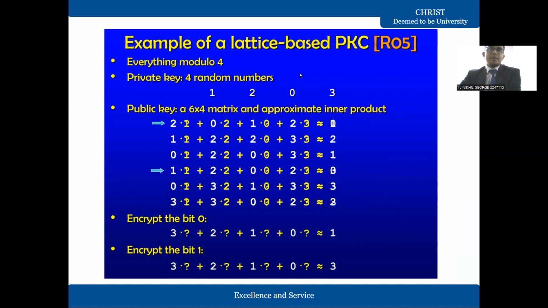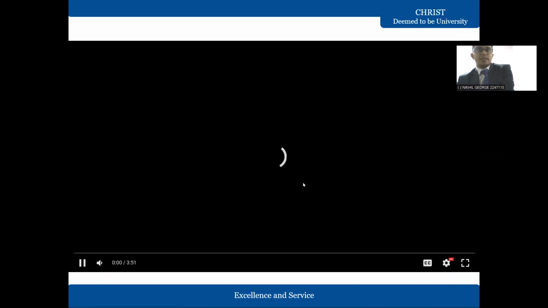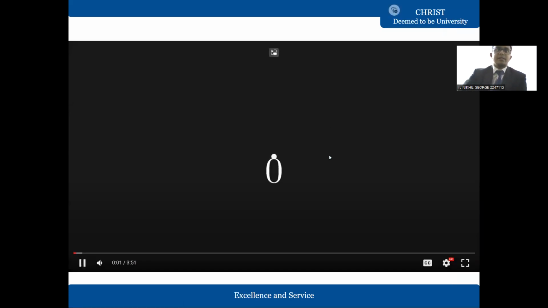Okay, and this is one way of how they encrypt the keys. They take a modulo of 4 for every one of these numbers. For the private key, it is 4 random numbers, with modulo 4 for every one of them, and then encrypt the 0 bit with all of it, and encrypt the 1 bit for all of it. I'll show you how this is generated.